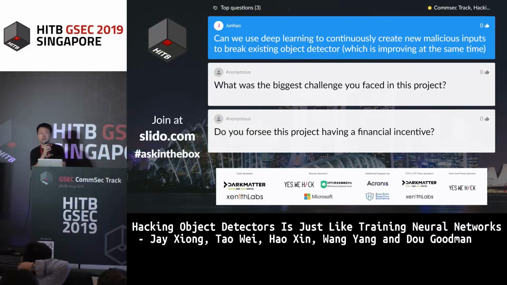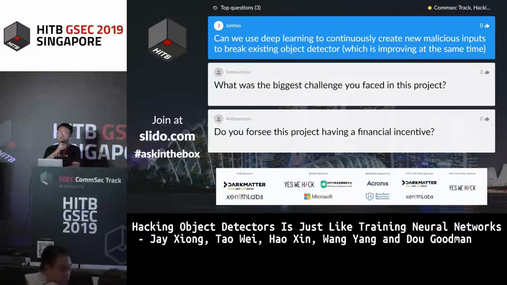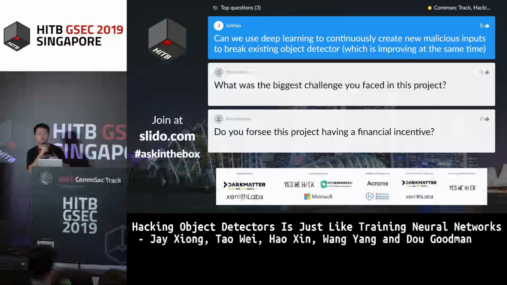In a black box setting, if the object detector evolves or has a new structure, it may reduce the effectiveness of the old sticker.